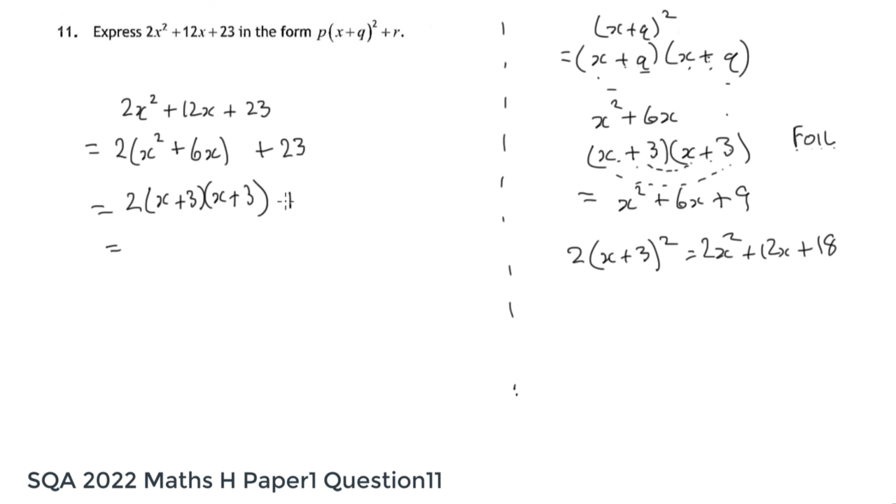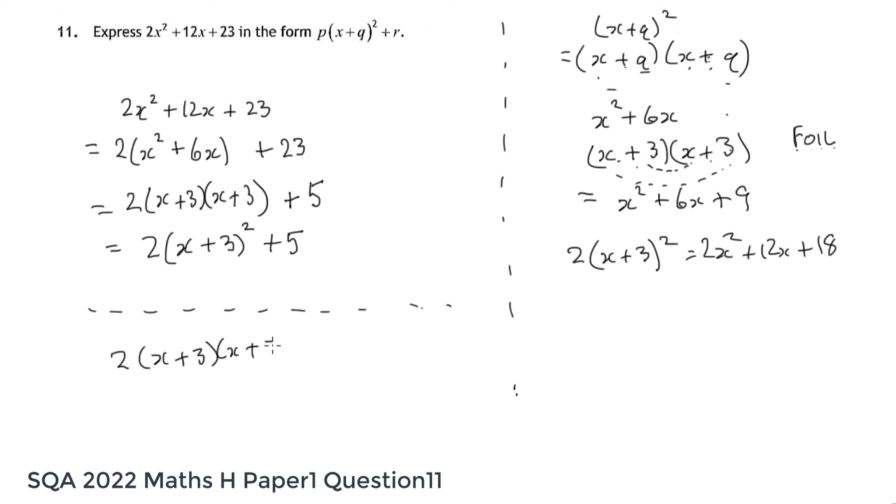I suppose that'll be adding 5. So here we are with 2 lots of x plus 3 all squared plus 5. Now, if you don't believe that we've done this correctly, then you would have to multiply the thing out just to double check that everything is as it should be.